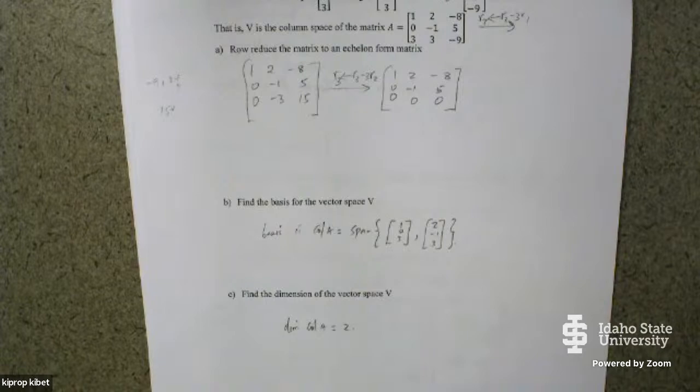When you reduce that, you get the basis of the column space of A. So you just take the pivot columns. The dimension is the number of vectors in the basis. The dimension of the column space is 2.